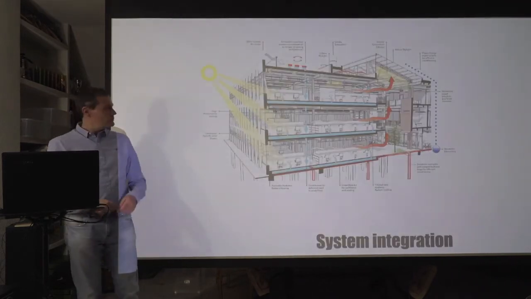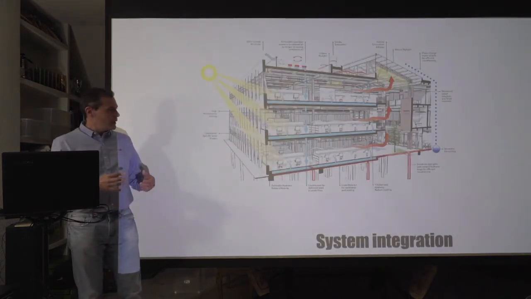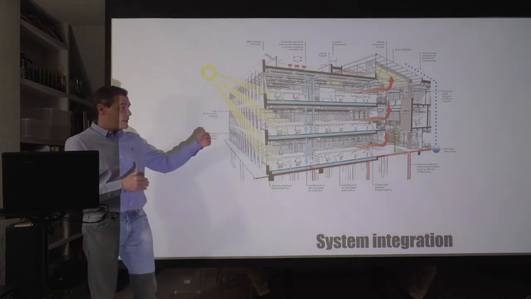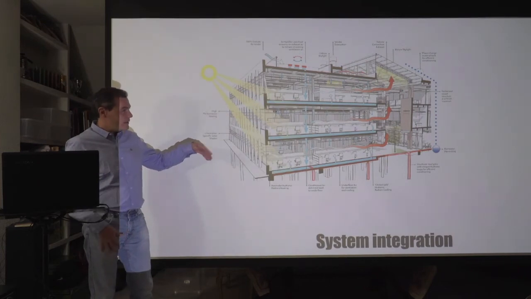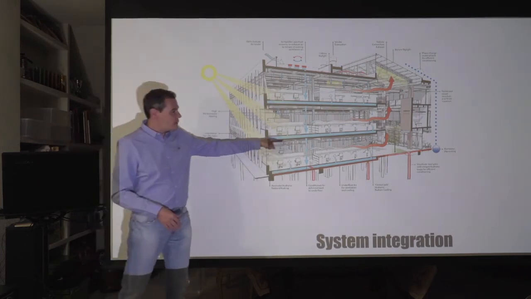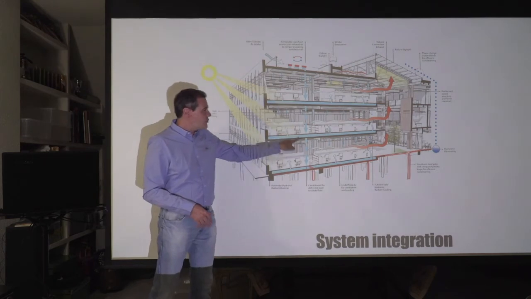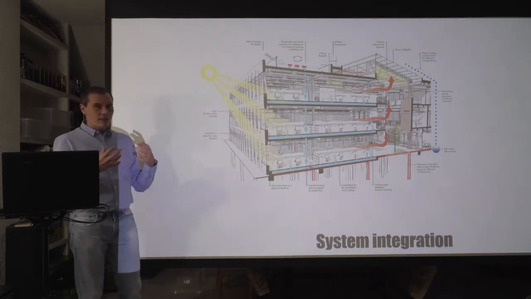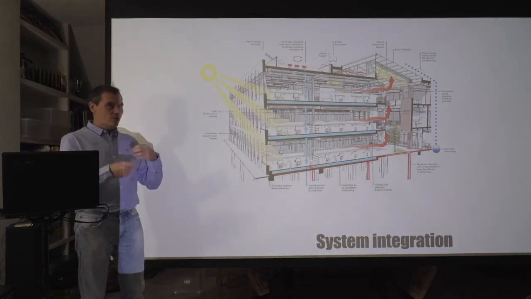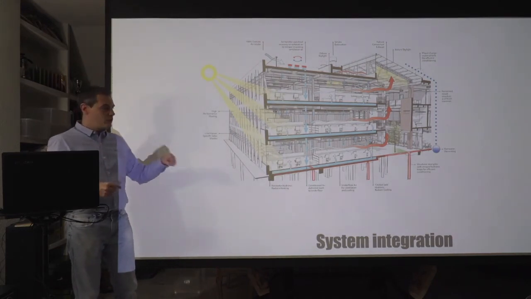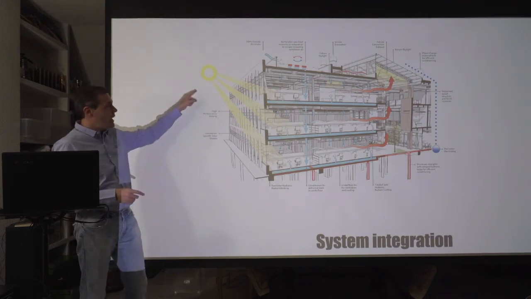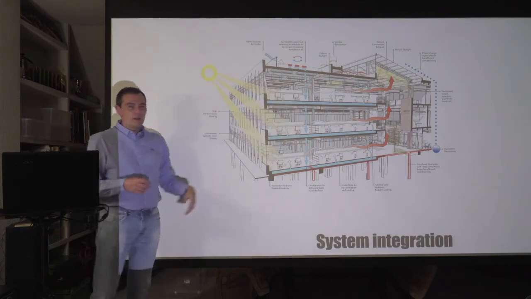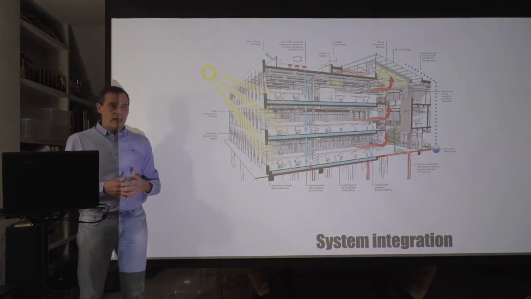On this picture, the last one was a section. This is a 3D view. So on this 3D view, we can see that we have systems here, we have arrows, and it's not only the building systems itself. We have to go back to sustainable design, and we have to make the most of natural resources. Remember that we have sun, we have fresh air for ventilation. So everything has to be integrated in the design.